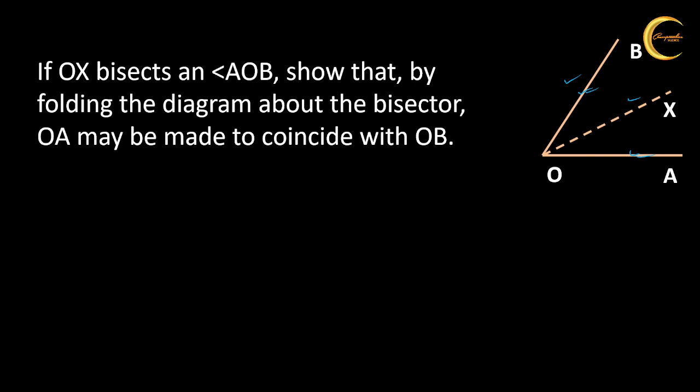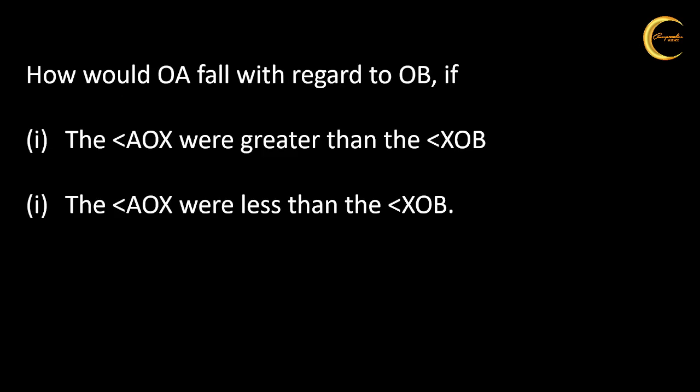This is a very easy problem, and we have already done this type of thing with paper. I have shown here that A and B, these two points, coincide. Now there is a problem: how would OA fall with regard to OB?